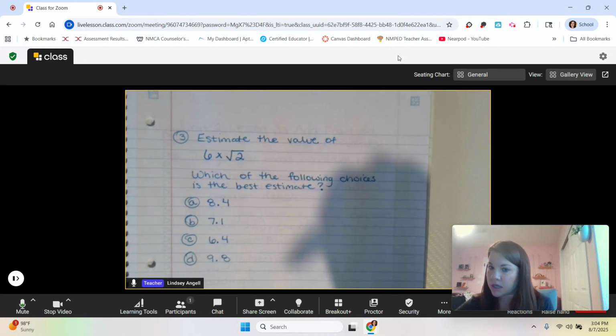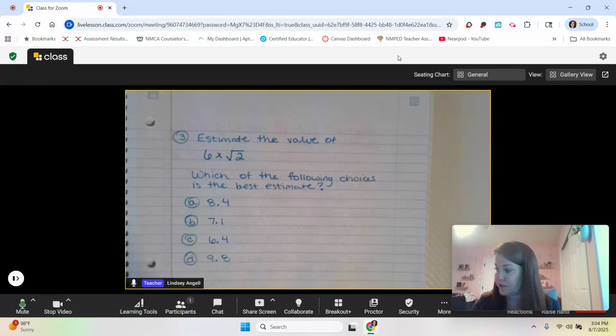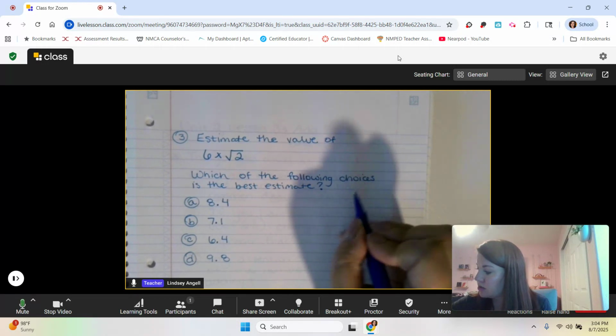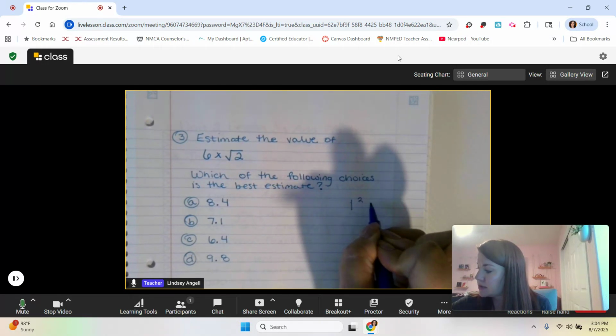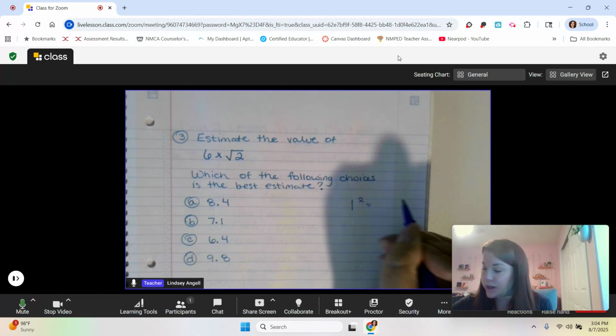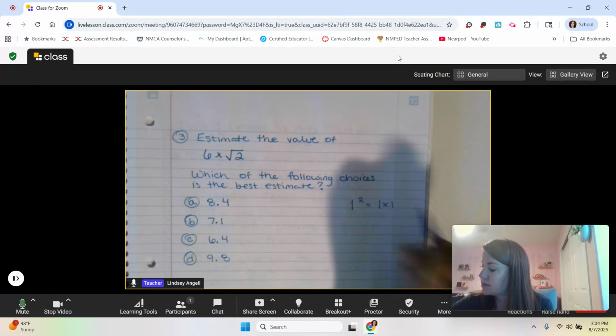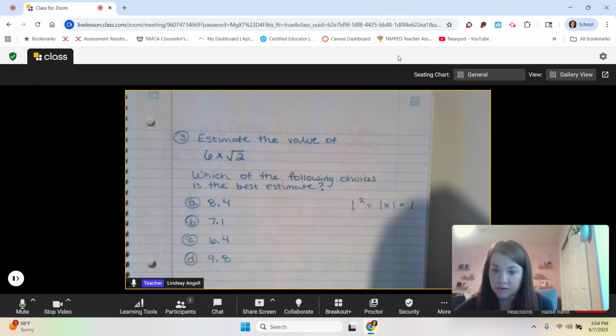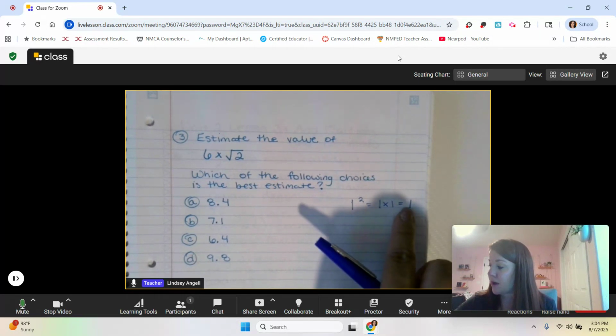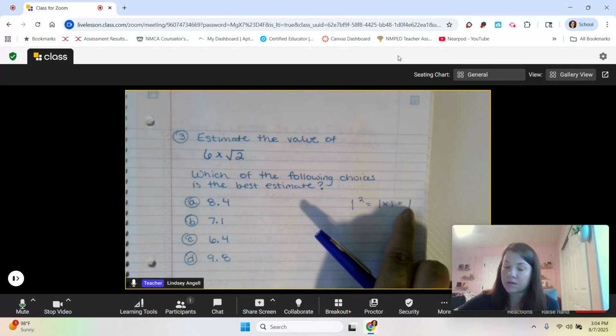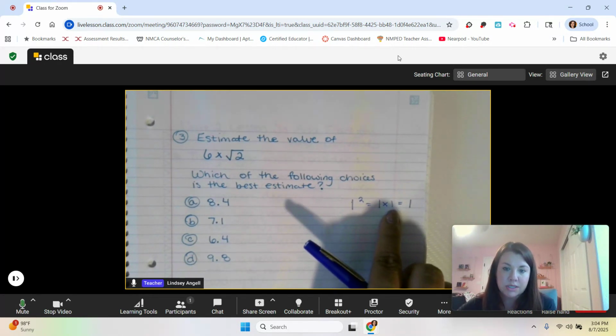So a number, when it's squared, means it's being multiplied by itself. Okay, so let's take 1 squared. That would be 1 times 1. Well, 1 times 1 is just 1. To work backwards from that, to find the square root of 1, we're trying to figure out, well, what can I multiply by itself to get to 1?